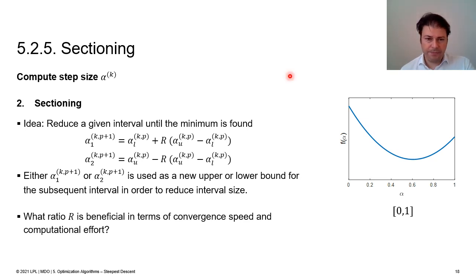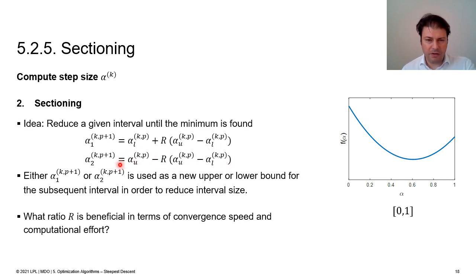More formally, you define two candidate limits of your interval, or two candidate boundaries. One as the lower boundary plus the ratio of the interval width, and a second candidate boundary as the upper value minus a ratio times the interval width.